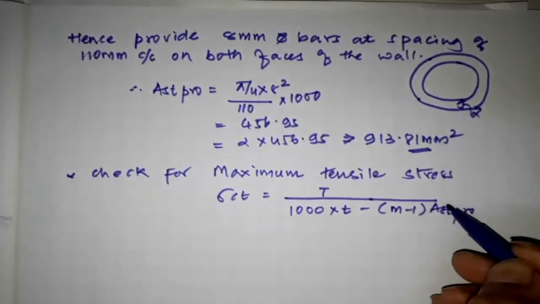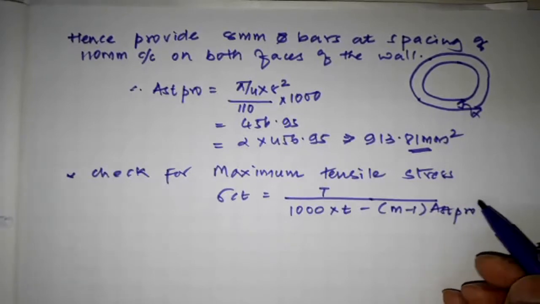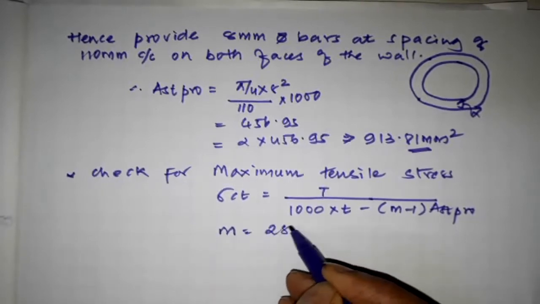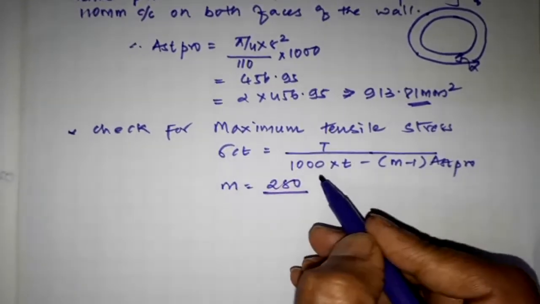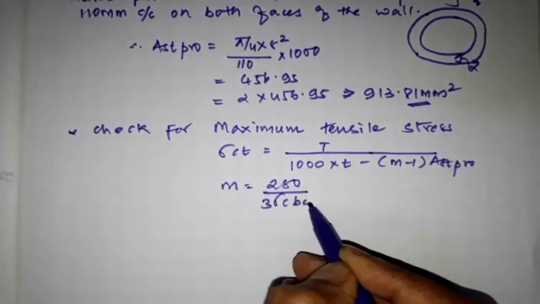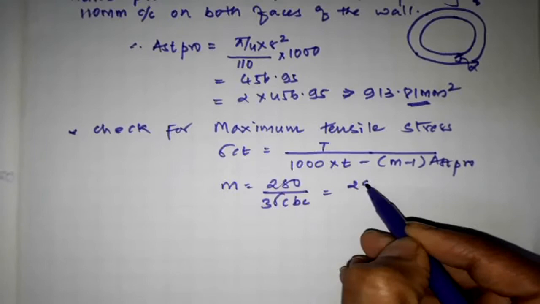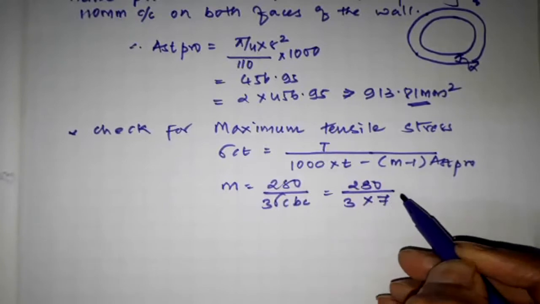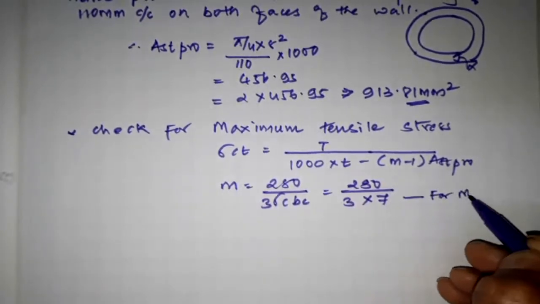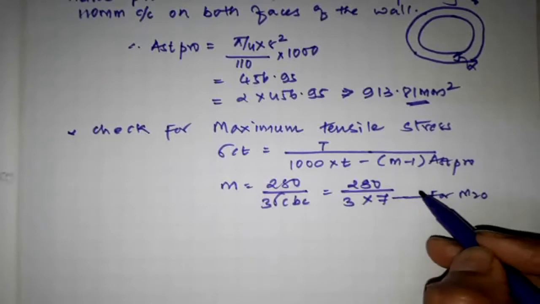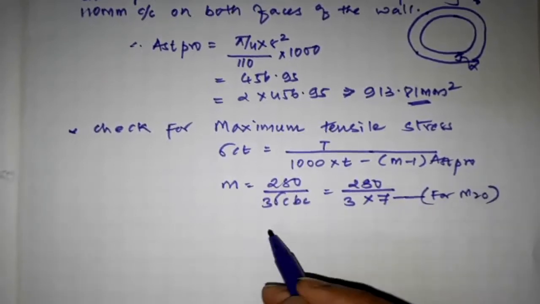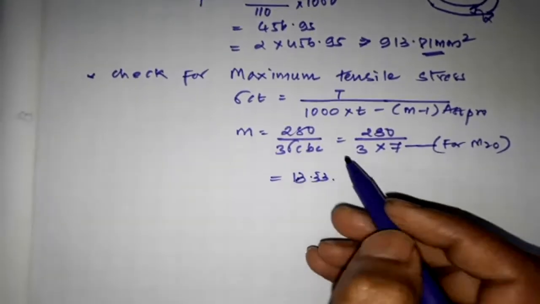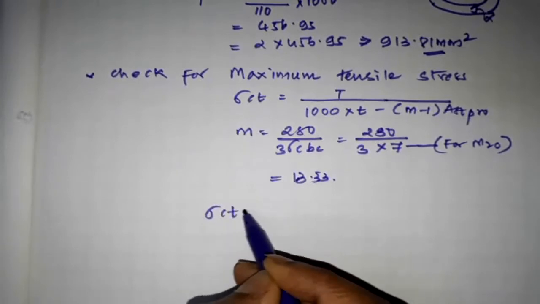Here m is equal to 280 divided by 3 times sigma CBC, and the value of sigma CBC is 7 for M20 grade of concrete. So we get 13.33.